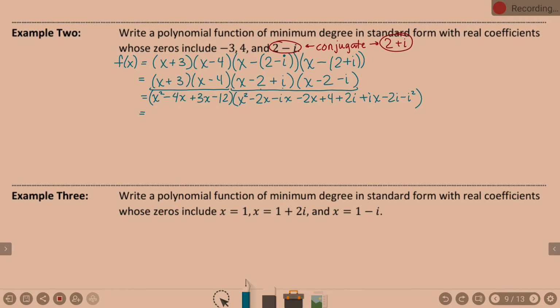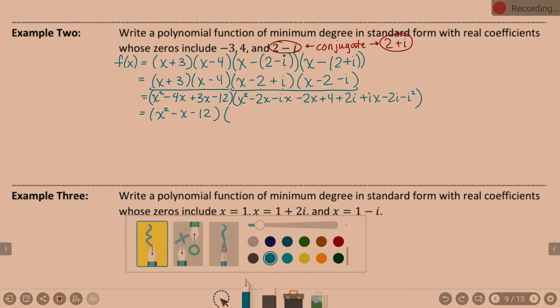Clean up the first parenthesis, and you may have already done this: x squared minus x minus 12. Okay. In the second parenthesis, anything fun happening? Minus ix cancels with plus ix.